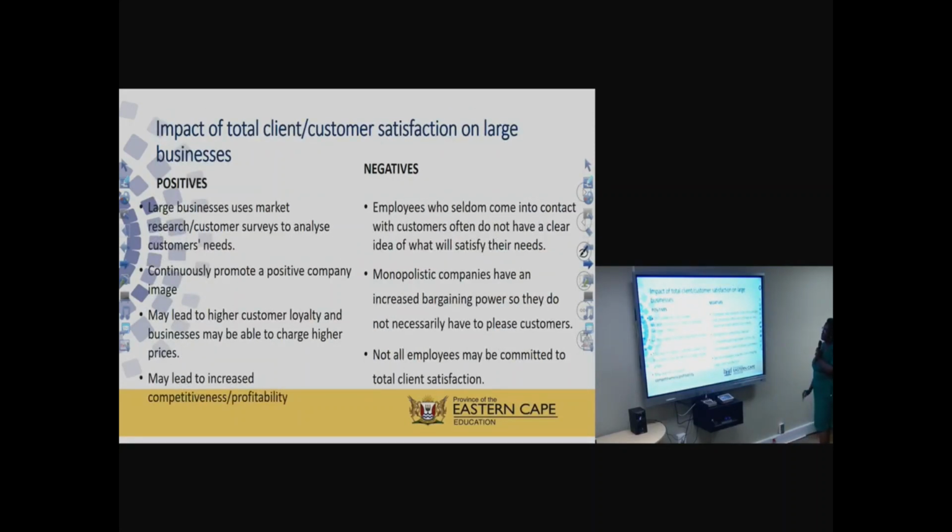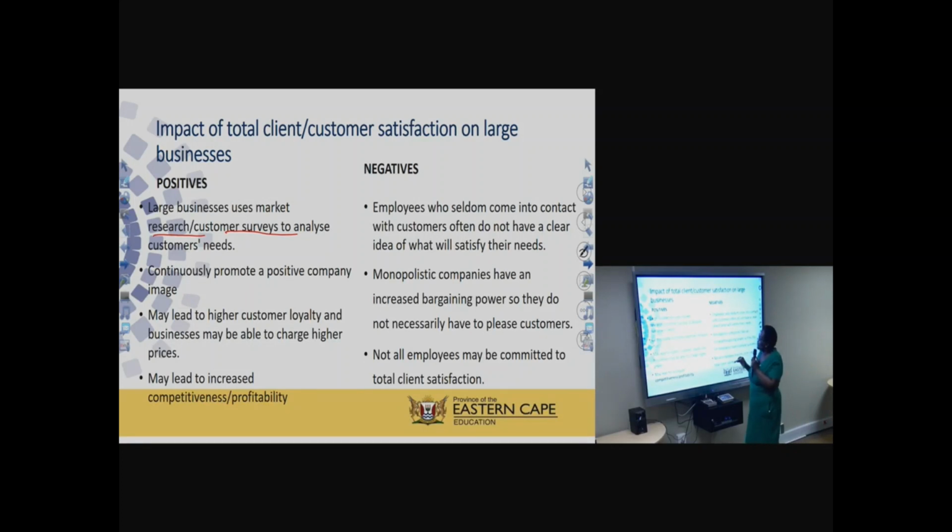Moving to total client satisfaction on large businesses. The aim of any business is to have a large market share. It means that big businesses are able to use market research and customer surveys to analyze customer needs so that they produce whatever will satisfy the customers.